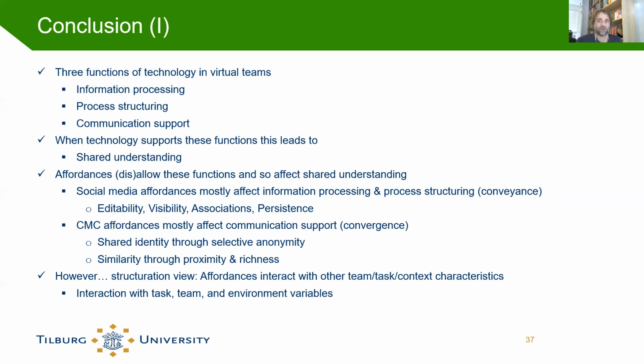If you have a certain team or a certain task that know each other well, that don't know each other beforehand, an organization which is really competitive, or where people don't trust each other, then these affordances may work better or worse.